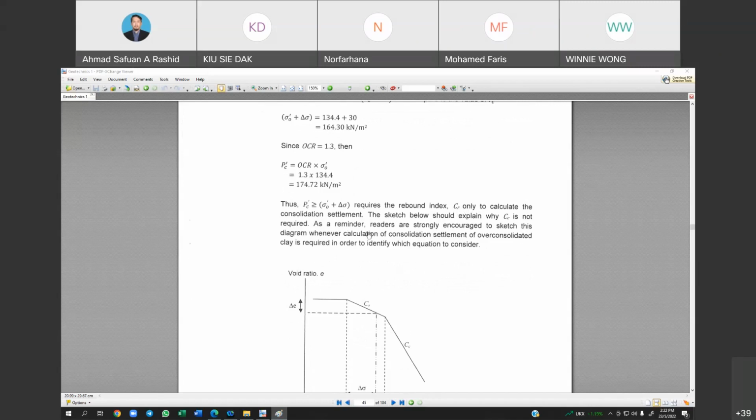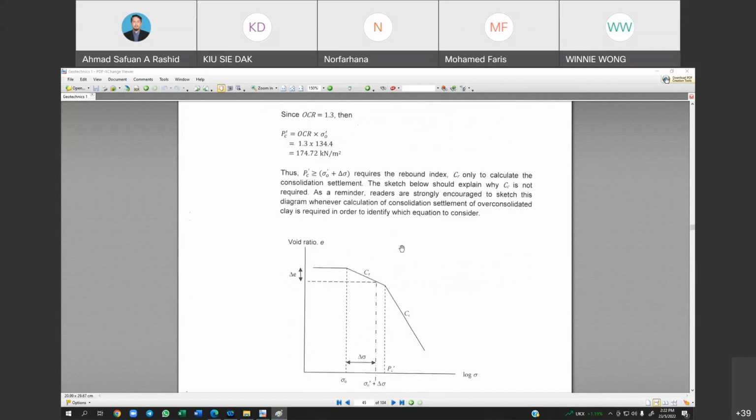As a reminder, readers are strongly encouraged to sketch this diagram whenever calculation of consolidation settlement of over consolidated clay is required, in order to identify which equation to be used. You can just sketch this kind of graph, whereby from there you can identify which parameter you may consider during your calculations.